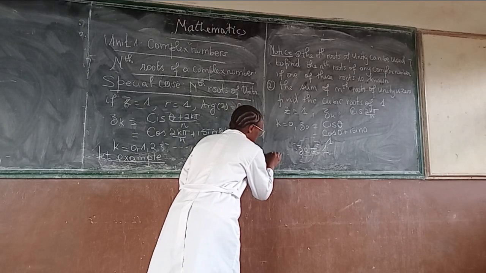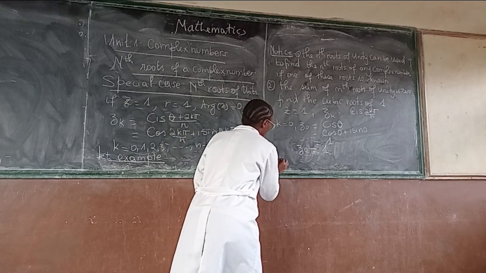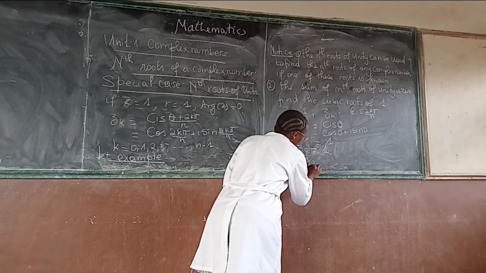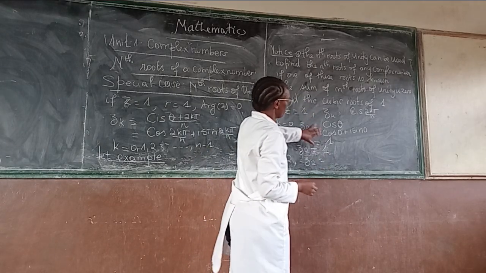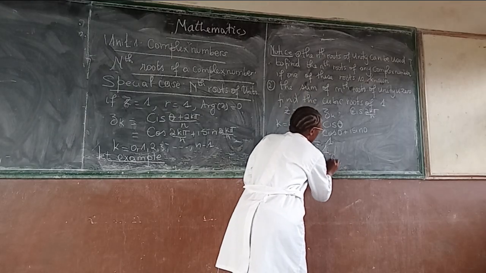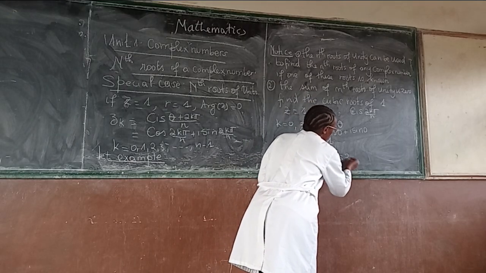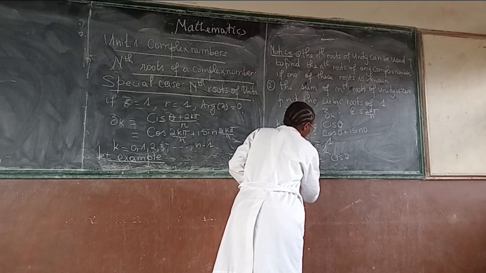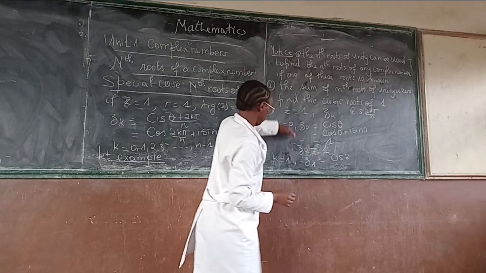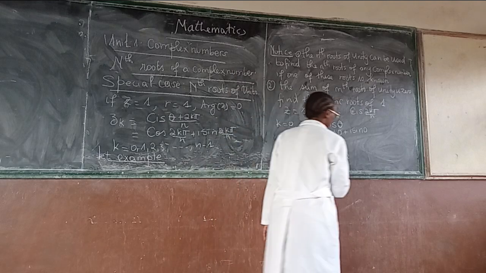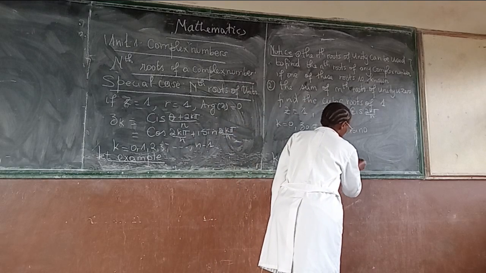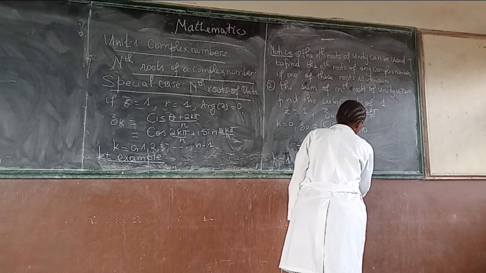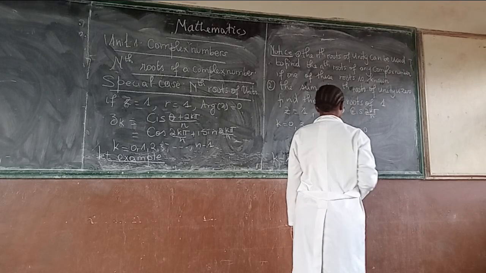So what about the second root, when k is equal to 1? Here k is equal to 1, not 2. When we move from 0 up to 1, we have cis of 2 times 1 times π over 3.